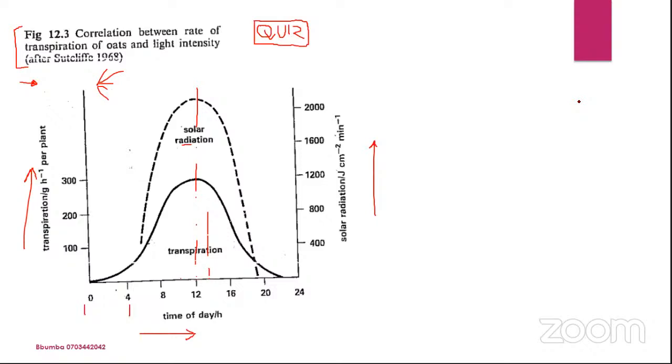And from 4 hours to 12 hours, the rate of transpiration increased rapidly due to an increase in solar radiation from 400 to 2000 joules per centimeter, because this increased the light intensity, and the stomata opened more wide to let in more carbon dioxide, hence increasing the rate of transpiration.